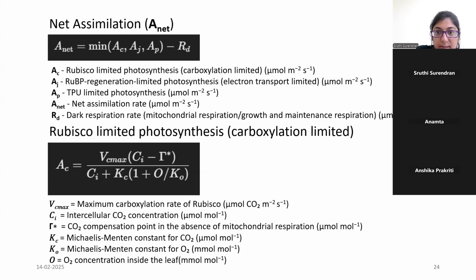So please do this as well. I think this will give you an idea about how far your understanding of ACi and AQ curves has come. If you have doubts, you can post them in the Google form, or if you want me to explain something once again, you can ask me to do that. So please do this quiz and then after that you can leave the session.